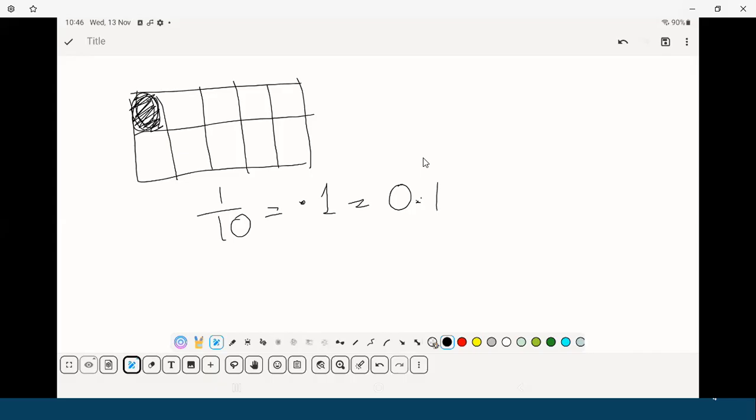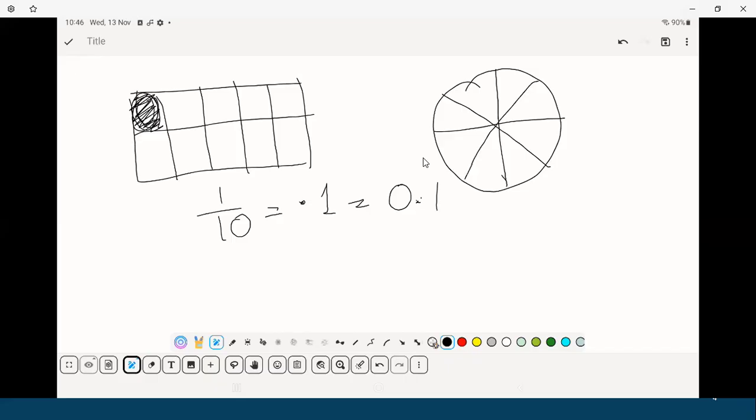Suppose for example we have another picture. We have a circle and we divided it. How many parts? 1, 2, 3, 4, 5, 6, 7, 8, 9, and this is 10.